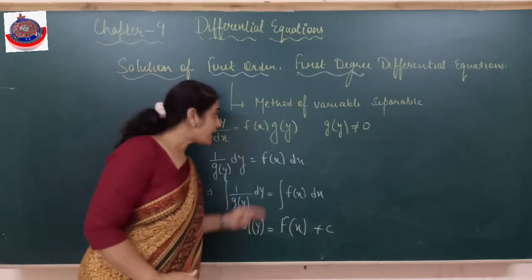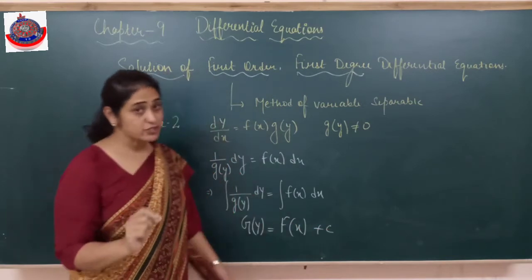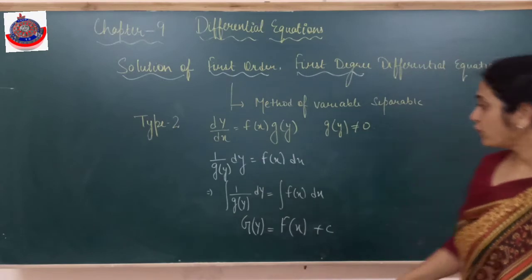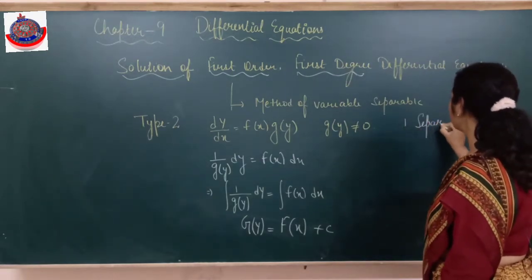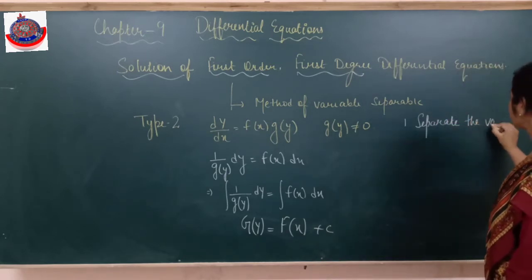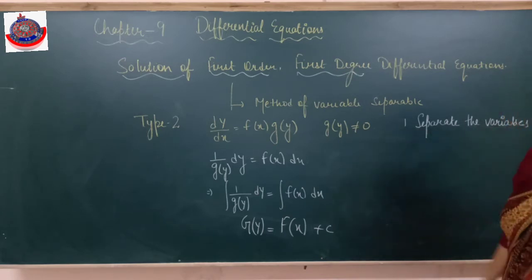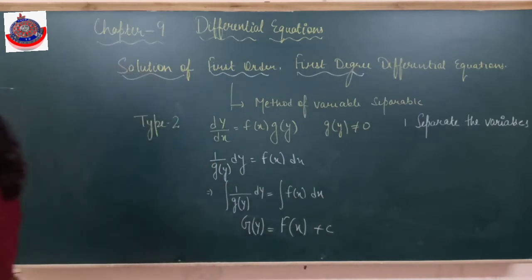Preferably when it is y is equals to something, so put c on x side. Understood? And now the steps. Again, first of all, separate the variables. सारी x वाली term will go with dx, y वाली terms will go with dy. Clear?